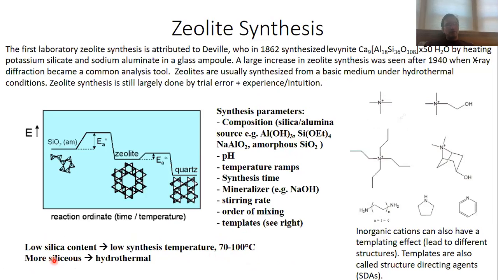The more silicon you have, the more kinetically inert the bonds become, and therefore you need more strongly hydrothermal conditions above 100 degrees Celsius. Many zeolites are metastable and not thermodynamically stable relative to quartz. Okay, so that's another important aspect to consider when synthesizing a zeolite.